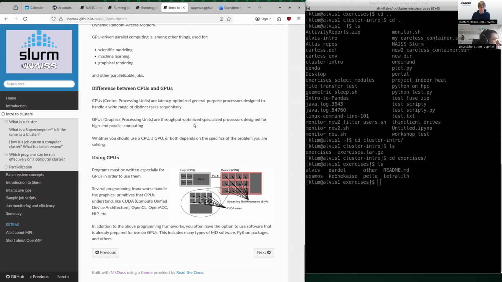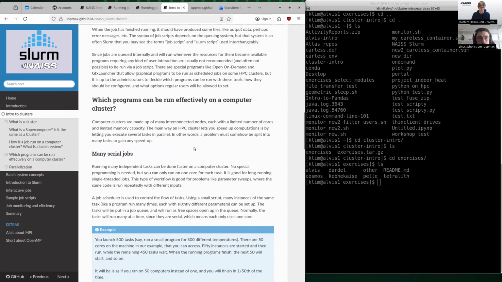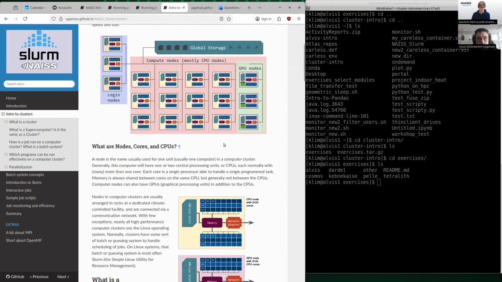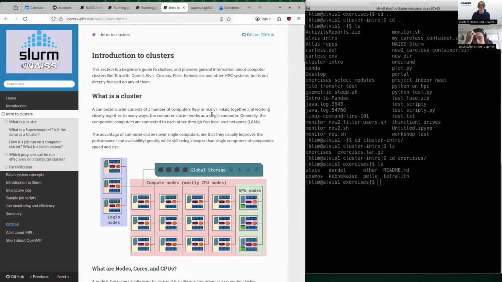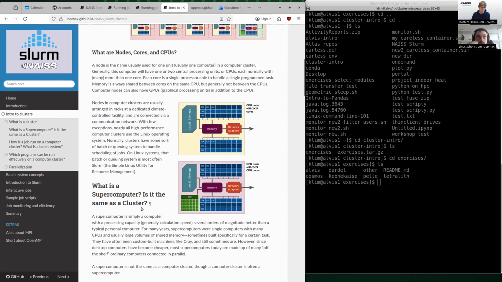Okay, so I hope that this gives you an idea about what clusters are in general. One more thing you have to know, or maybe you will hear about, is supercomputers. And we have here a question: is a supercomputer the same as a cluster?